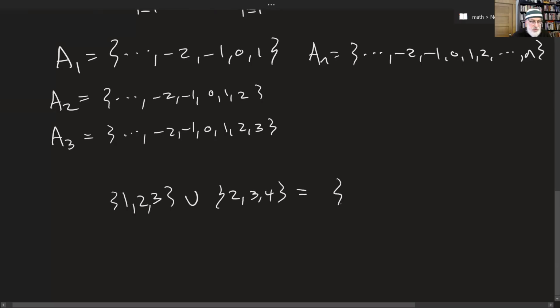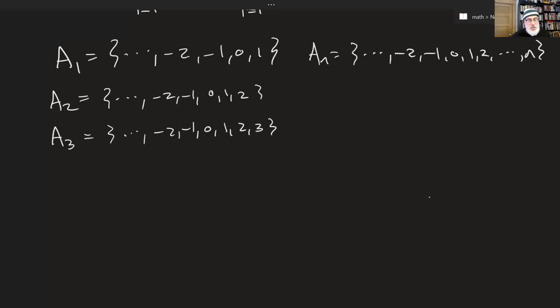The union of these two sets will be a collection of each element without repeating: 1, 2, 3, and 4. More formally, we'll say that if there's an element in the union of two sets, A and B, then it's in one set or it's in the other set.